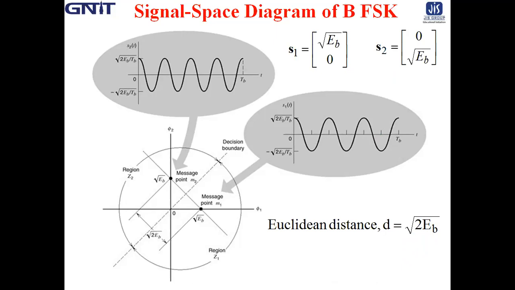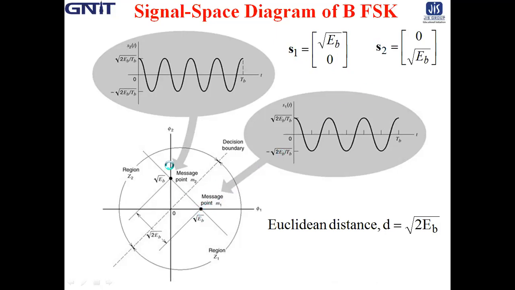See the signal space diagram. This axis is phi1 and this axis is phi2. They are two orthonormal basis functions. In the orthonormal basis, message point M1 corresponds to S1, which exists at the point square root of EB, comma 0.